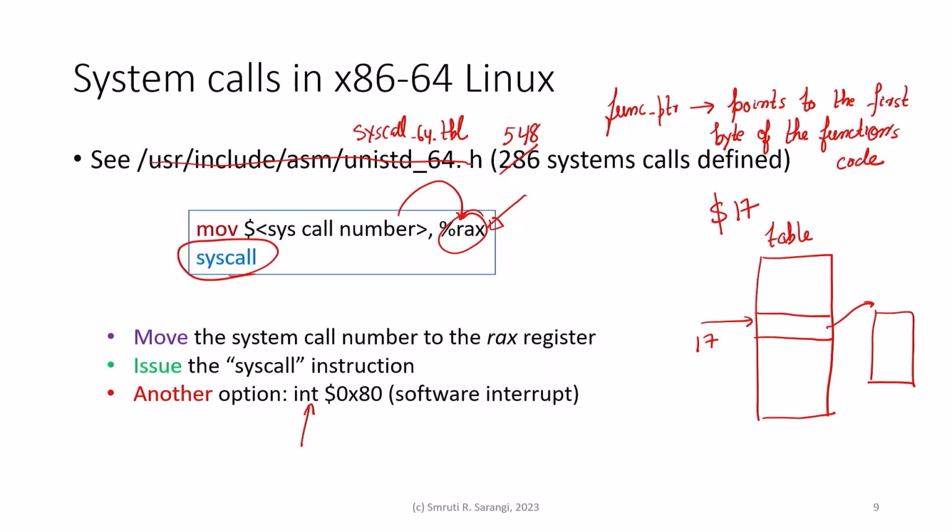Whatever number you give, it will just create an interrupt with that number. In this case, it is 0x80, which is 128 in decimal. So you can generate an interrupt absolutely directly. That used to be the method before the syscall instruction came about. Is that clear?